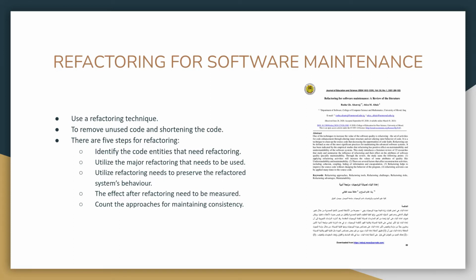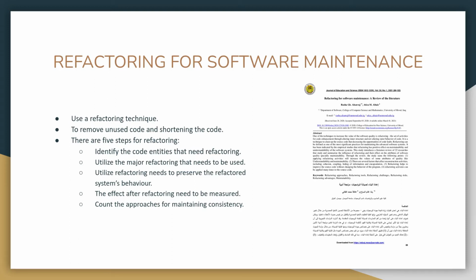Refactoring is also one of the common practices used to maintain advanced or large software systems. Based on the study by Mens et al., there are 5 processes of refactoring. The first one is to identify the code entities, or in object-oriented programming we call them classes, that need to be refactored.